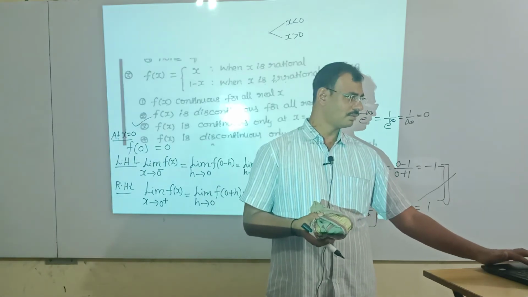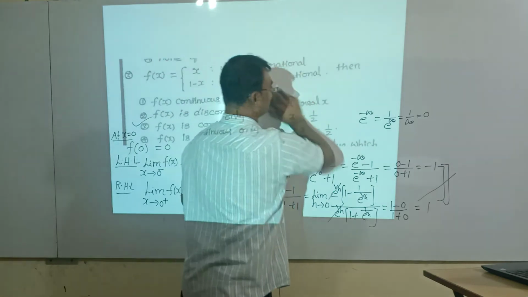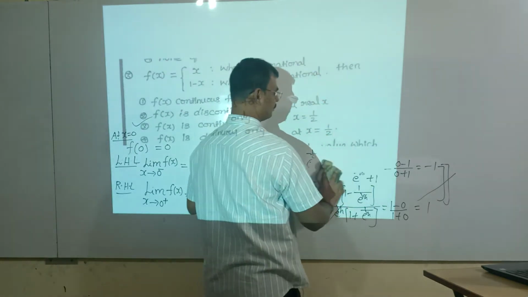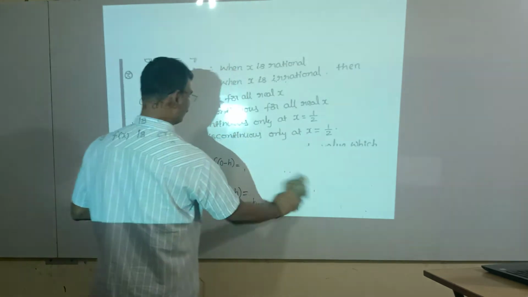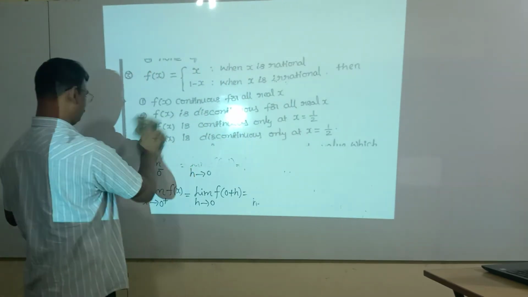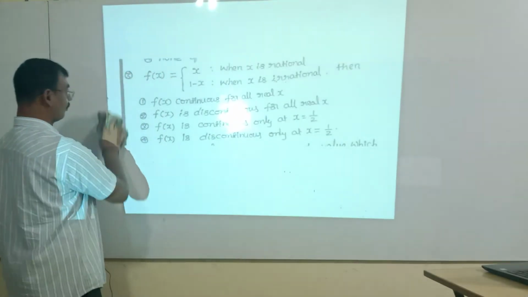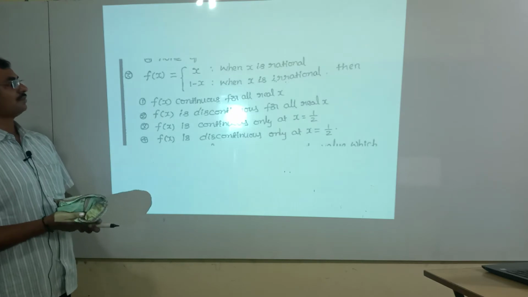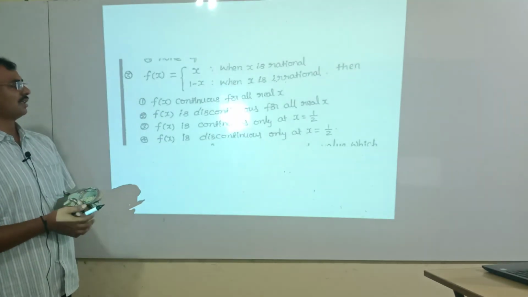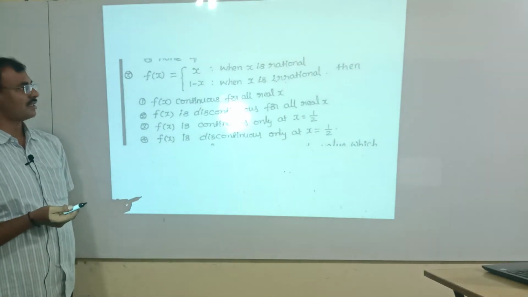Next question. Third question. See the problem number 3. What is the third question? F of x is equal to x when x is rational, 1 minus x when x is irrational.